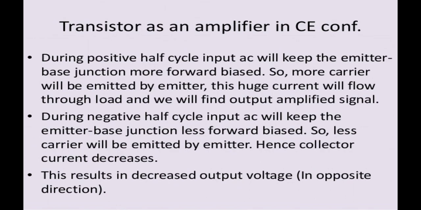During the positive half cycle, the input AC will keep the emitter base junction more forward biased, so more carriers will be emitted by the emitter. A huge current will flow through the load, and we get it as the amplified output signal. During the negative half cycle, the input AC will keep the emitter base junction less forward biased, so fewer carriers will be emitted by the emitter, hence the collector current decreases. This results in decreasing output voltage in the opposite direction.